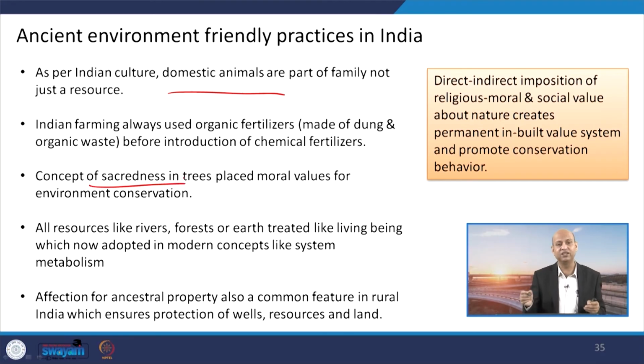sacredness of trees and natural things, and that is why we call the rivers and the plants mother. You can see several communities which consider trees completely sacred, they do not cut them, okay, they do not kill animals. So, those kinds of philosophies have been there in ancient times, and even today if you go to remote villages of Rajasthan etc., you will find those communities where the animals of the forest run in their farms without any kind of fear, deer etc., you can see there.